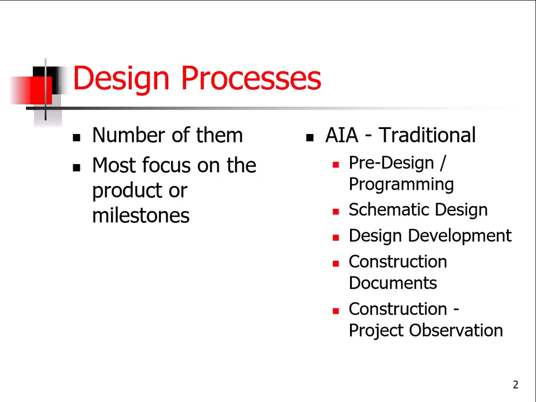There are a number of design processes. You'll have faculty talk about a variety of different processes. The most common is the AIA, American Institute of Architects, traditional design process, which has 5 major steps: pre-design programming, schematic design, design development, construction documents, and then construction project observation.